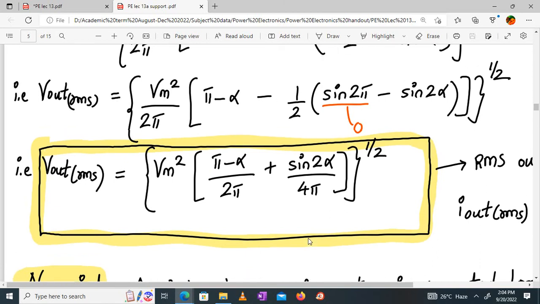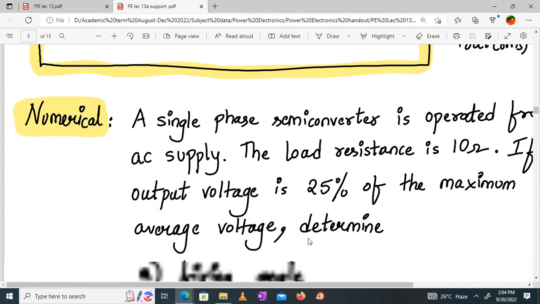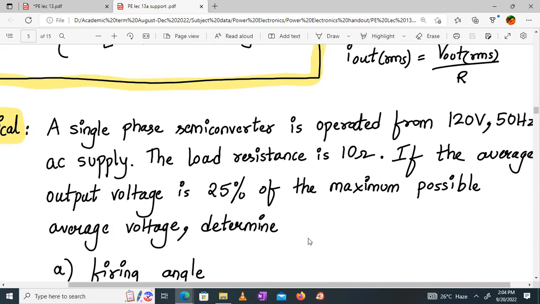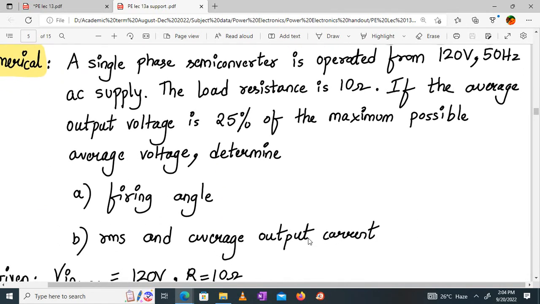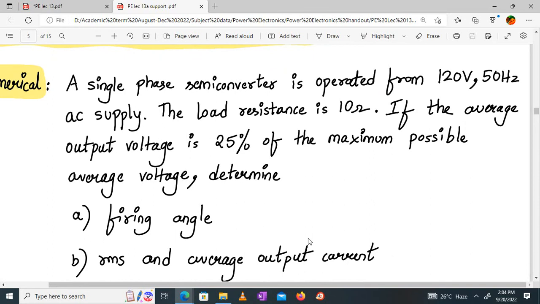Quickly write it so that we will solve a numerical. Write down the statement of the numerical over here, everyone. A single phase semi-converter is operated from 120 volt 50 hertz AC supply.